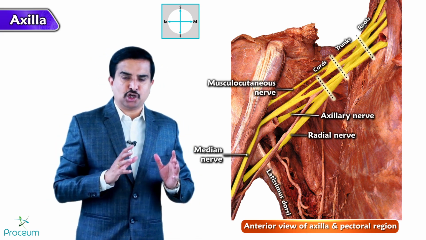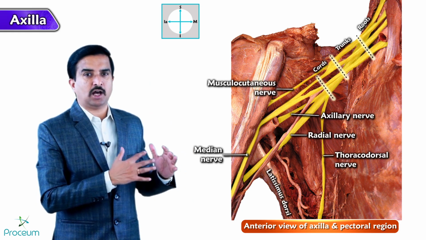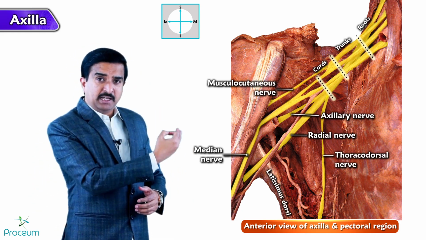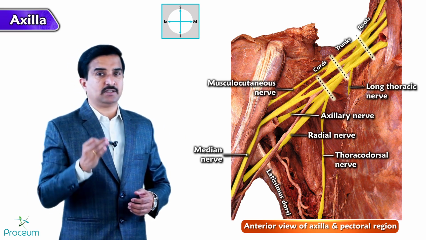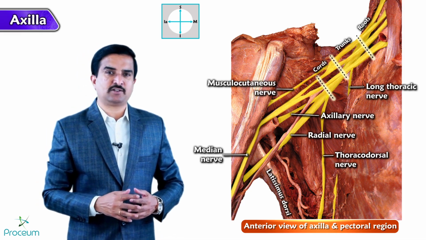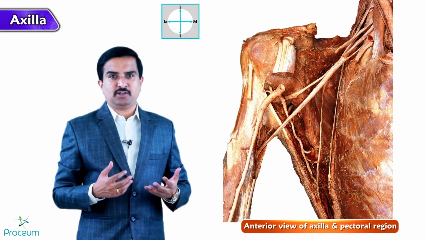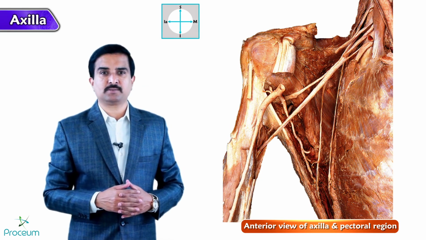And the latissimus dorsi and thoracodorsal nerves are also observed over here. And the nerve which is medial to the thoracodorsal is the long thoracic nerve, which is partially seen, and we know that this long thoracic nerve is supplying serratus anterior muscle, right? So now let us try to change the image and try to appreciate other structures, deeper structures.